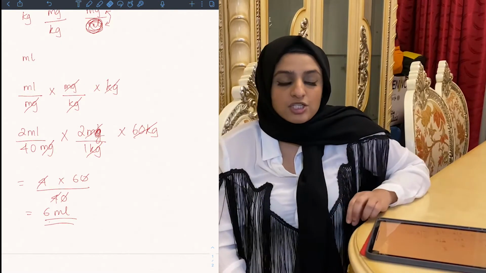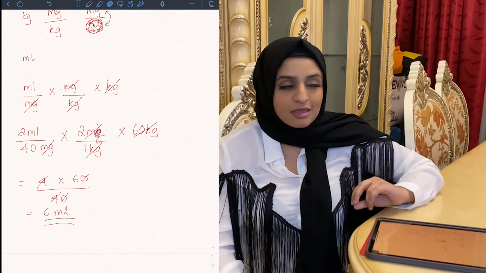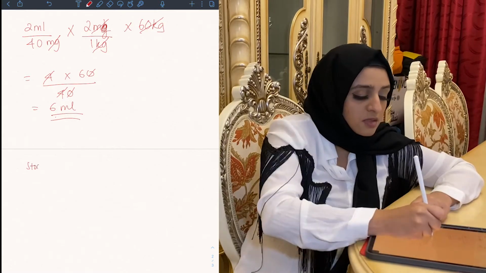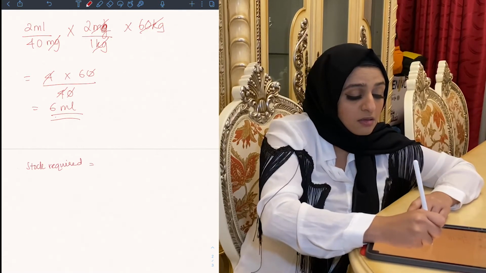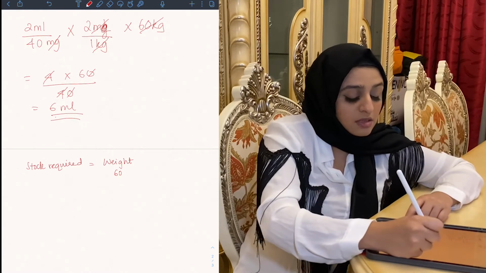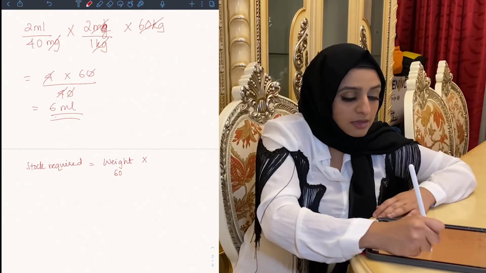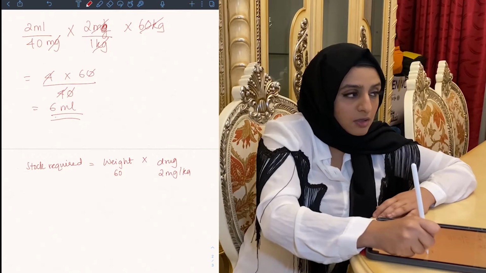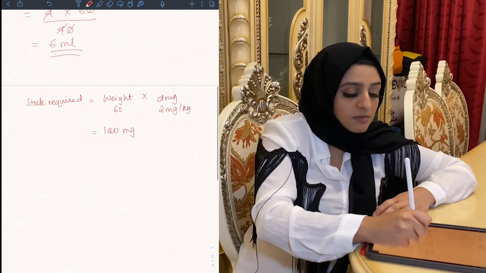So the equation is stock required divided by stock strength times volume of stock. For the stock required, you want to get the patient's weight. So in this case, it's 60 kilograms times the drug dose. In this case, you've got 2 milligrams per kilogram, and that is 120 milligrams.